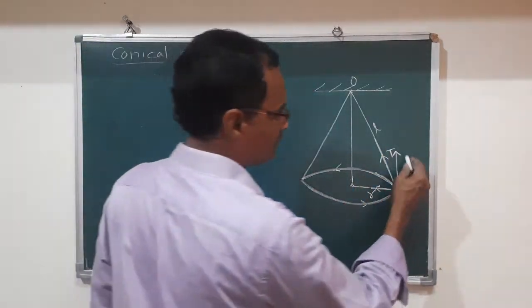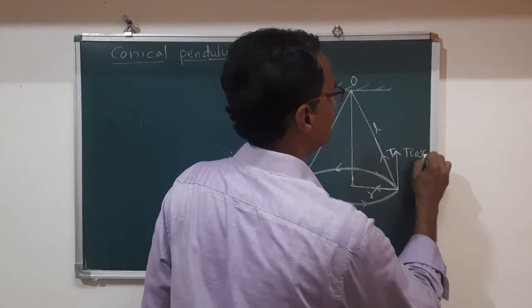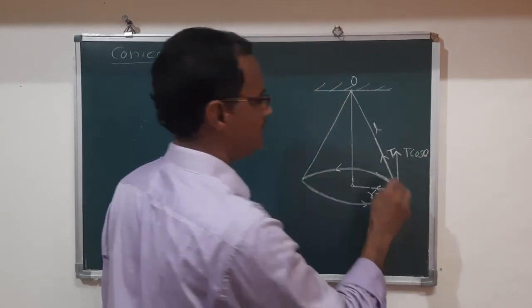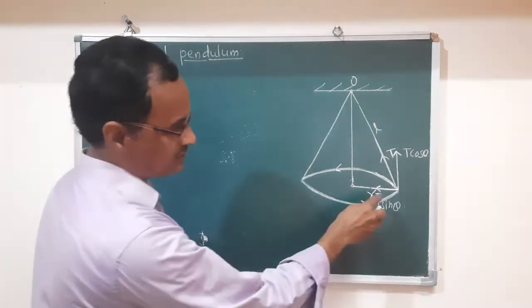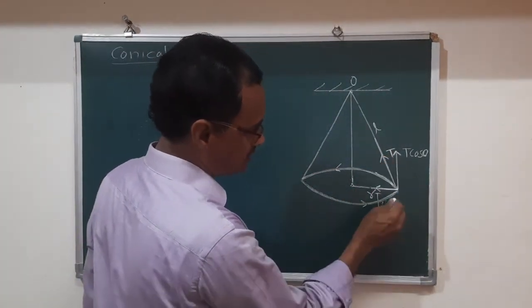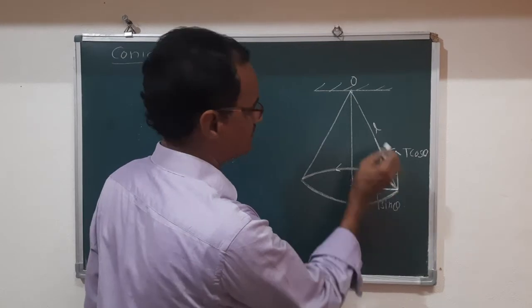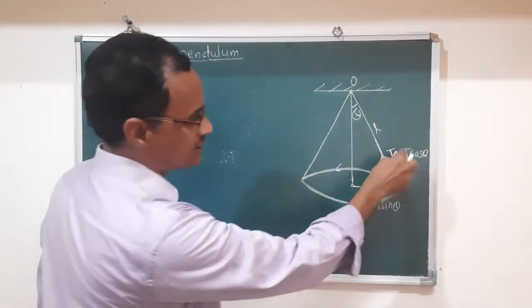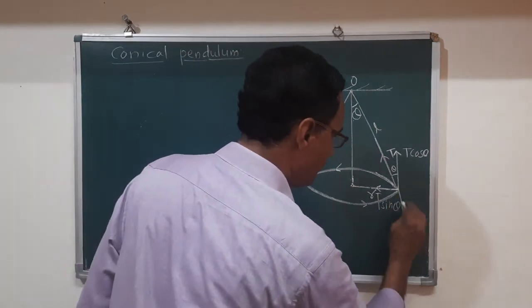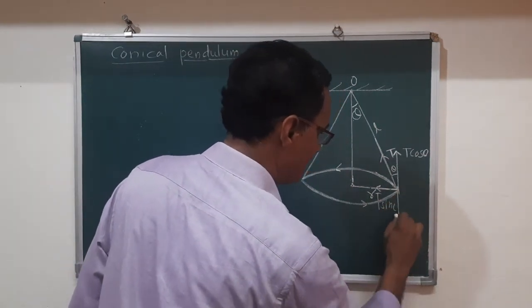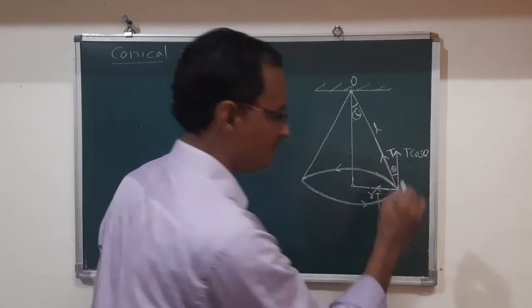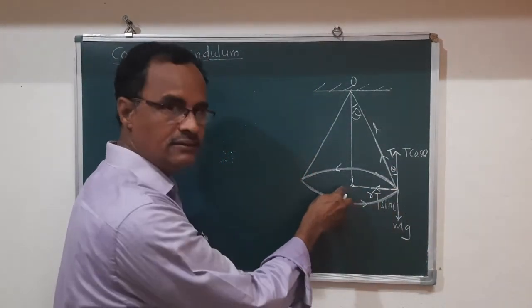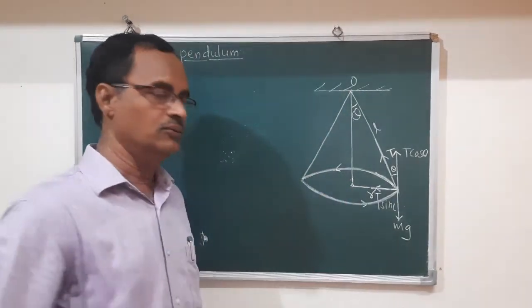Now this vertical component is T cos theta and the horizontal component is T sin theta, where theta is the angle here. Okay. Now this T cos theta balances the weight of the bob, mg, and T sin theta, which is directed toward the center, provides the centripetal force.